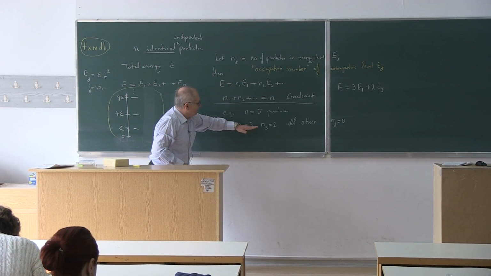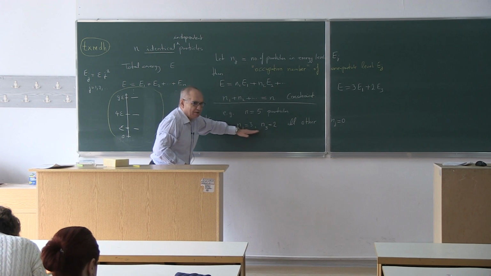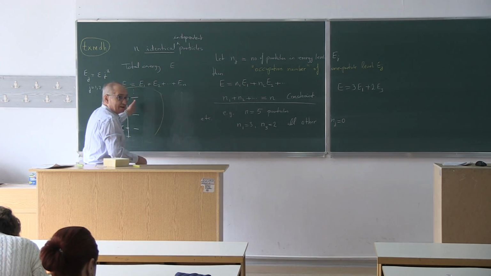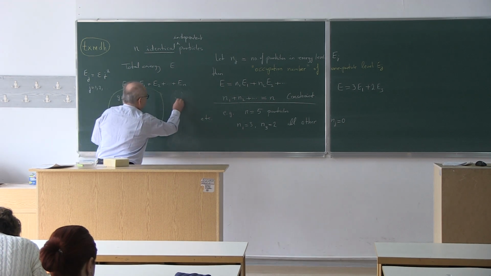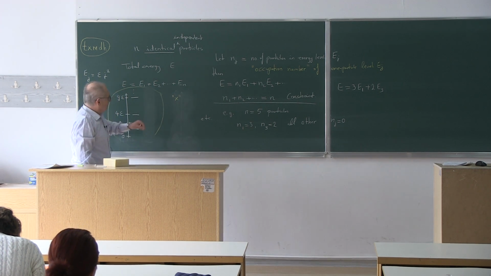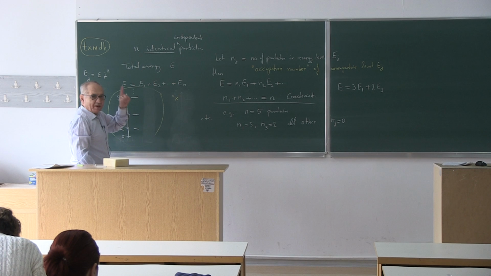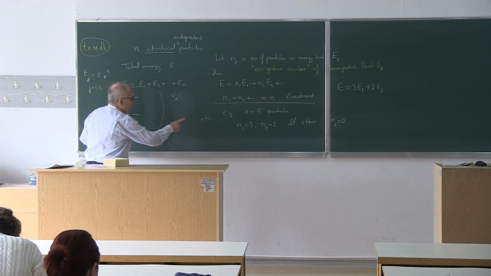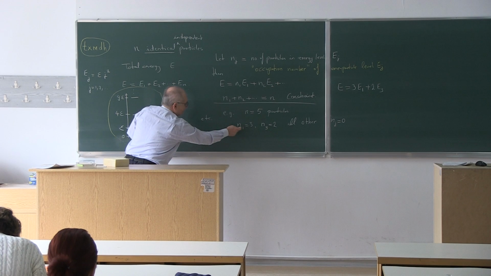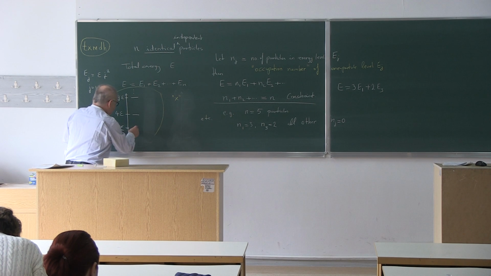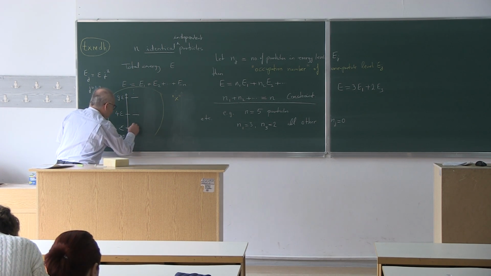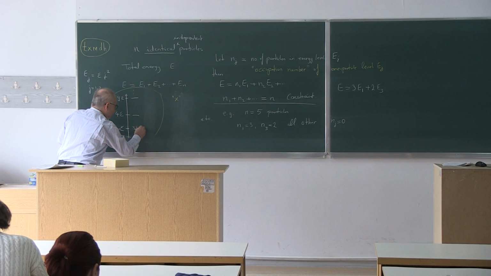We may show this example on the energy level diagram of a single particle in the following manner. I will use an X symbol to mean that an energy level is occupied by a single particle. So in our example, the lowest level has 3 particles. So I will show it by this. First particle, second particle, and the third particle.